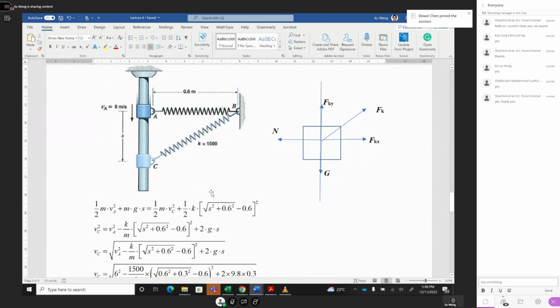From this equation, you multiply by 2 and divide by m, and then you get vC equal to this term minus this term, plus 2gs, canceling the m.